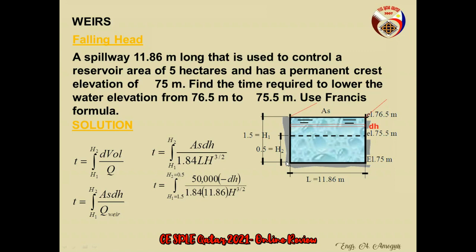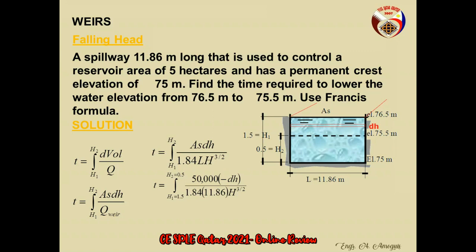So the rate of change of height is decreasing. The original is dH/dt, with a dt, then after integrating there is none. So we put a negative sign on our dH. If you don't want the negative sign, reverse the limits, from 0.5 to 1.5. But in reality it is from 1.5 to 0.5, and the dH should carry the sign, because this is a time range. So minus negative. Okay?